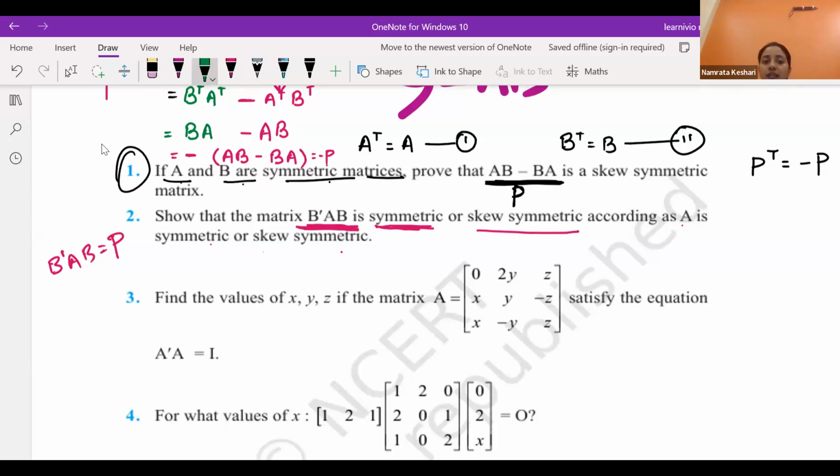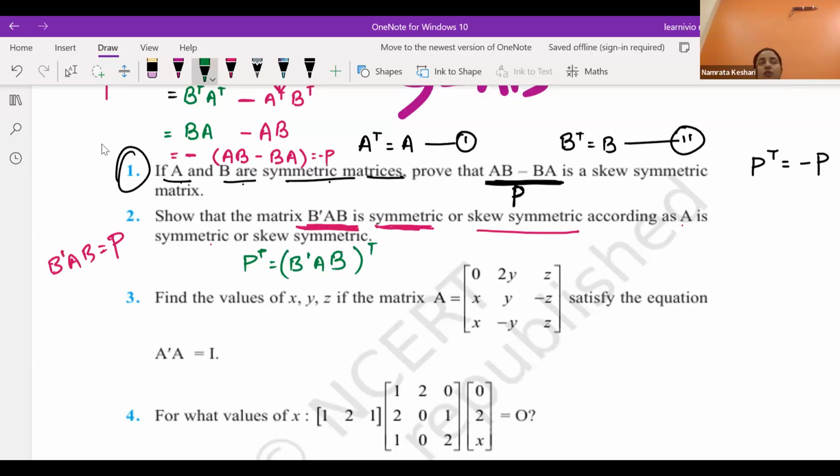So again we'll be taking this P, P transpose, and we will check, is it P or is it minus P. Accordingly we will give the conclusion that yeah, it is symmetric, or no, it is skew symmetric. So let's do it. We will be taking P, that means B transpose AB, and its transpose.